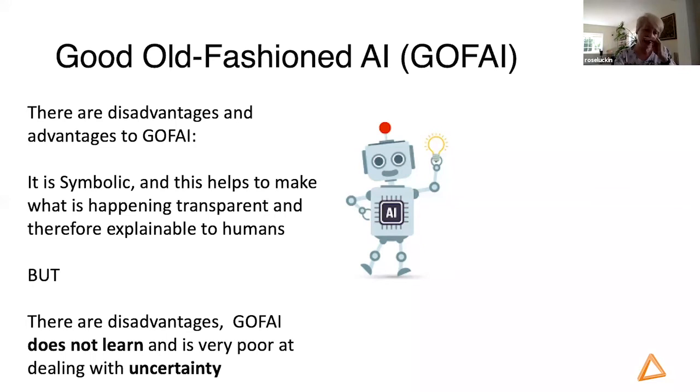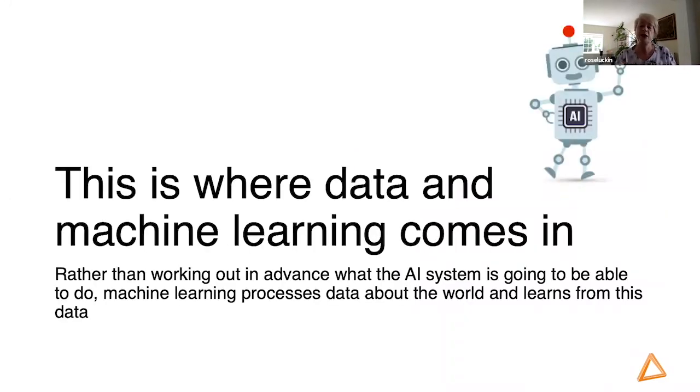But the limitations in those early systems, that they didn't learn and they couldn't deal with uncertainty, are really where data and modern machine learning AI comes in. Because we needed to create systems that didn't have to work everything out in advance and that could learn, and in particular could process data to learn from experience.